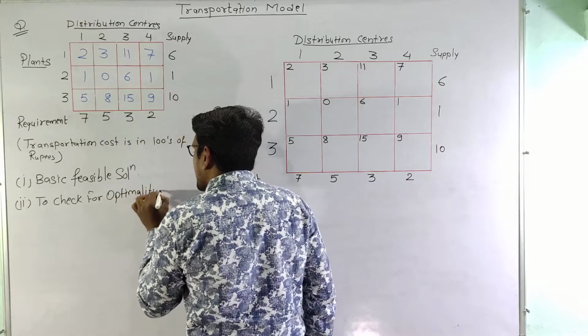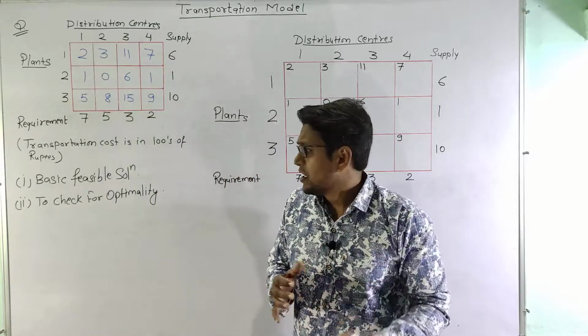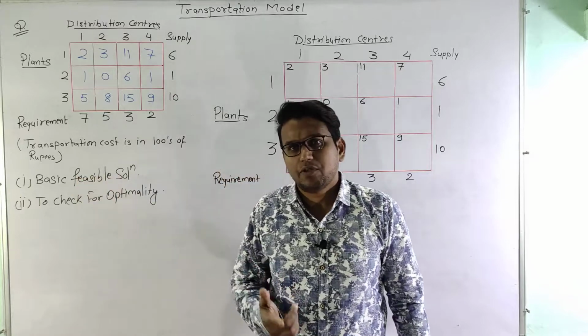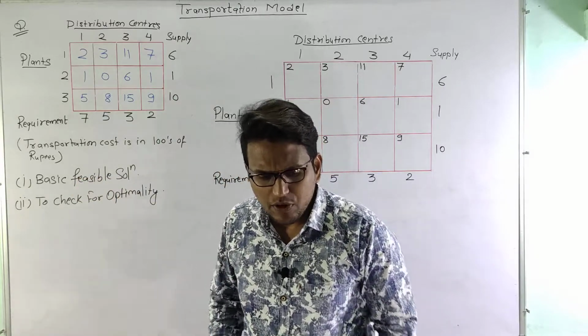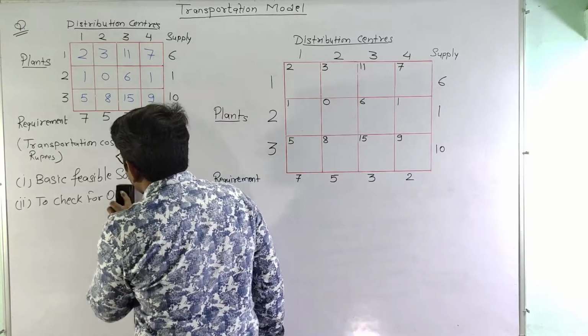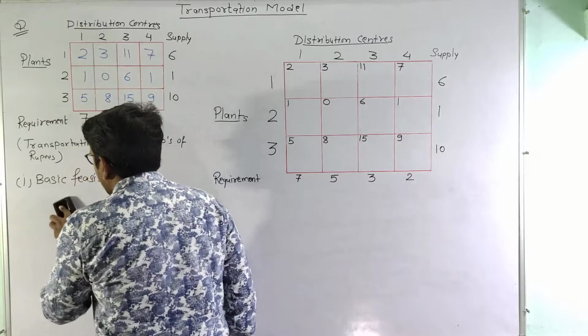So in this lecture we are going to see different methods to find the basic feasible solution for a transportation problem. To find the basic feasible solution, we generally use 3 methods which are very popular.